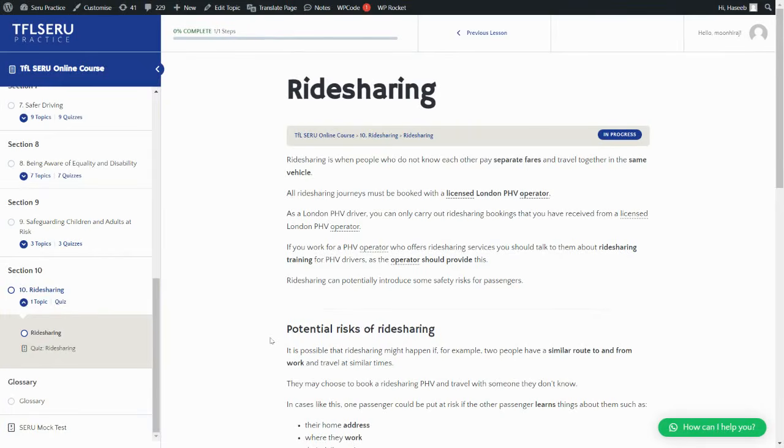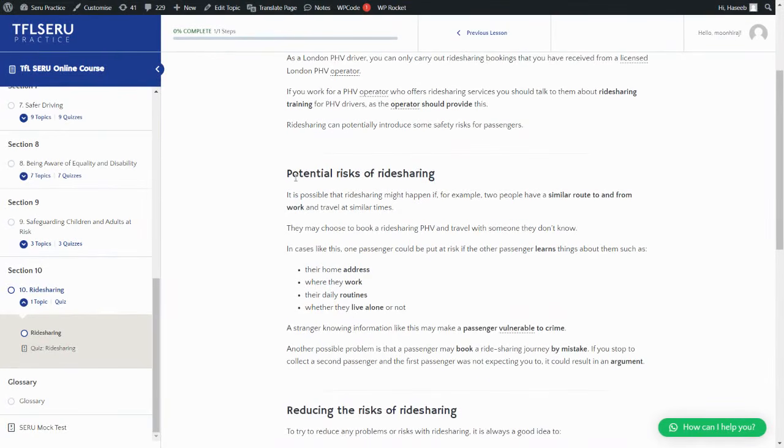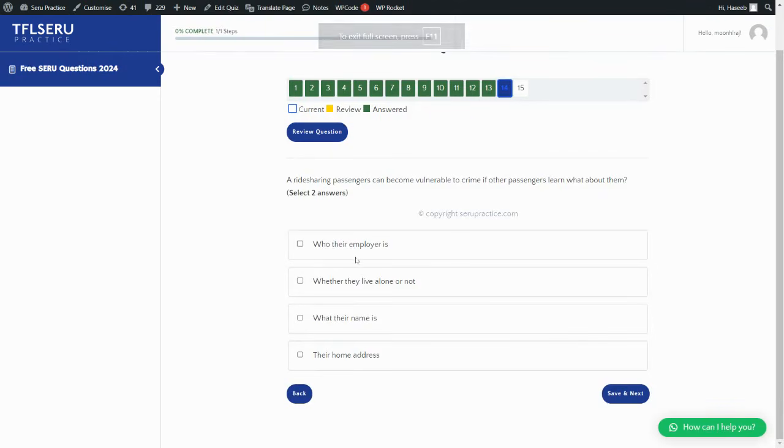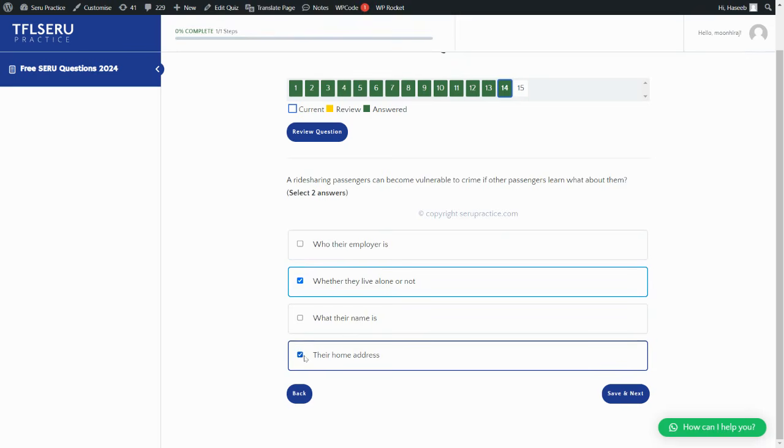If we move to handbook section 10, which is information regarding ride sharing, we will find that the potential risks of ride sharing are their home address, where they work, their daily routine, and whether they live alone or not. So now we can choose two correct answers, one of them being whether they live alone or not and the other their home address.